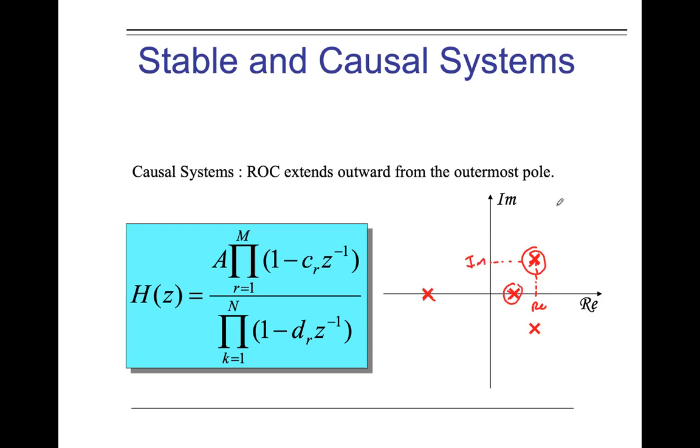Here, if I say z equals 2 as my pole, let's say, or 1 over 2, this is a real pole, right? But these are complex poles. How do I get complex poles?